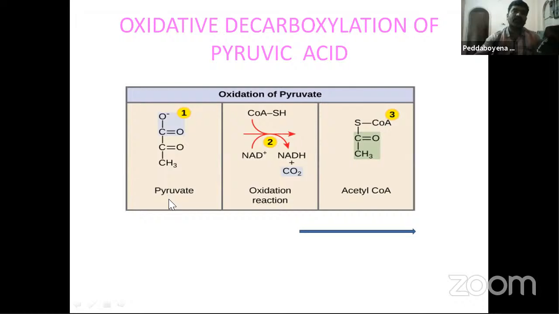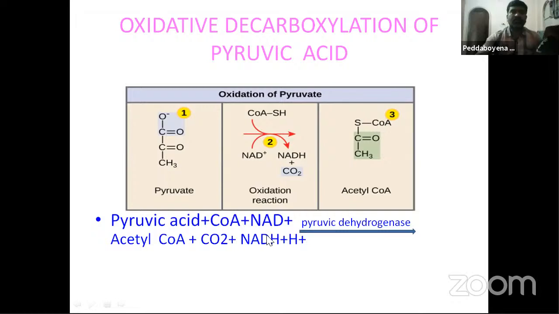So the three carbons of pyruvate undergo oxidation and decarboxylation and then form the two carbons of acetyl coenzyme A. Observe the equation here: pyruvic acid condenses with coenzyme A, and with dehydrogenation NAD plus is converted into NADH and one carbon dioxide is removed.